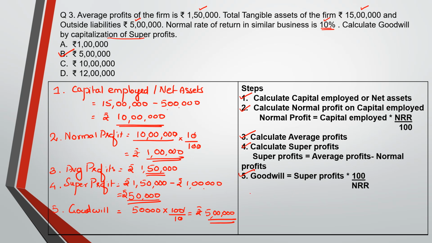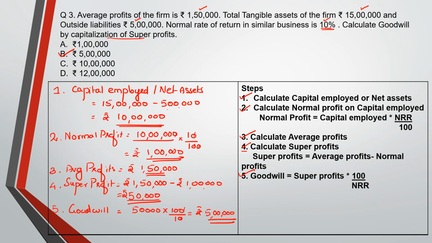So follow these 5 steps and calculate the goodwill using the capitalization of super profit method. I hope that is clear. I have tried to cover both the concepts, and from this concept you can also calculate using the super profit method. You follow till the 4th step, and for the 5th step for goodwill, if you are using just the super profit method, you just multiply the super profit with the number of years purchase.